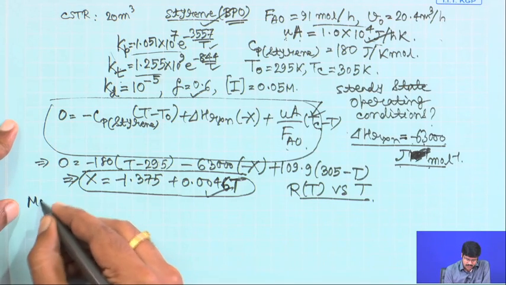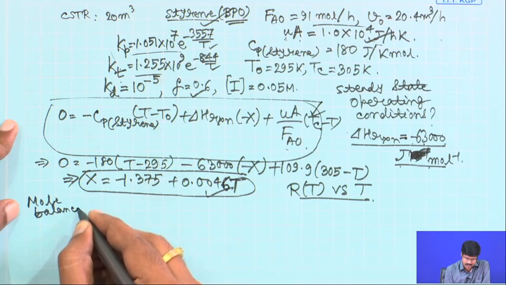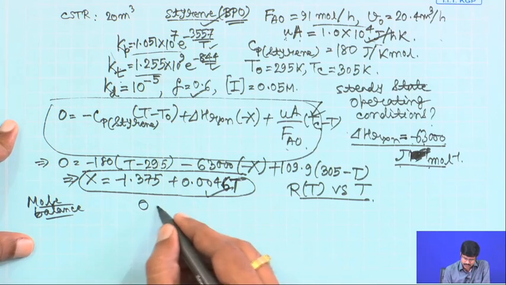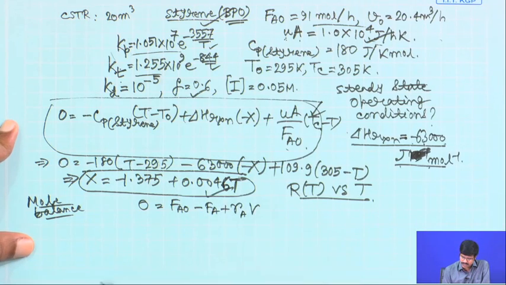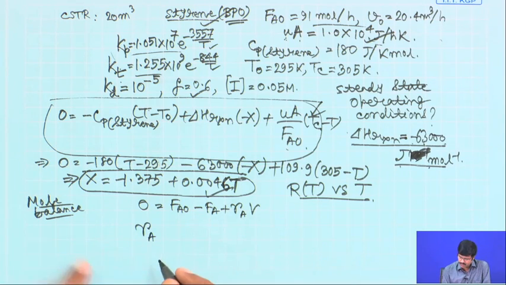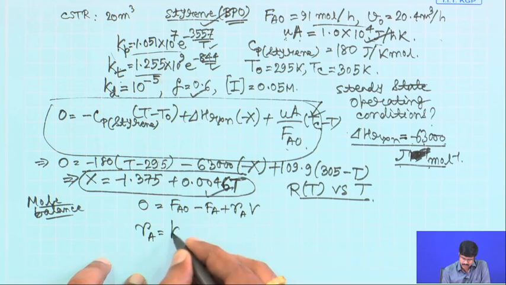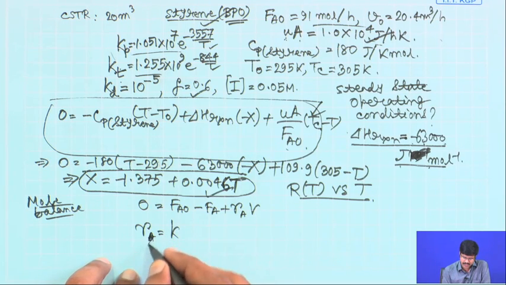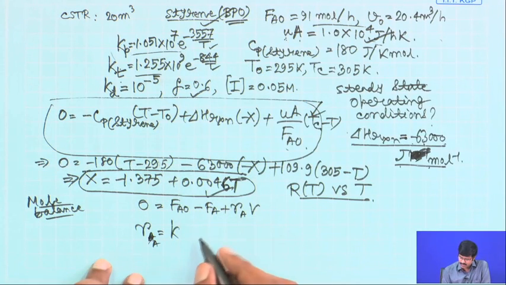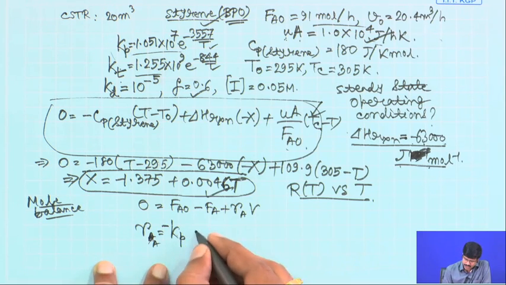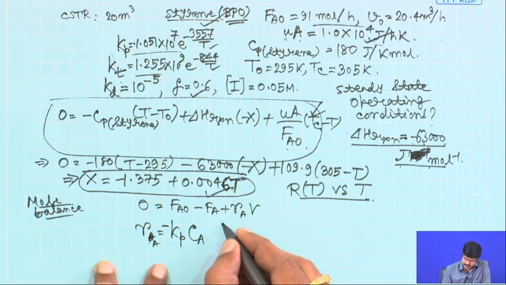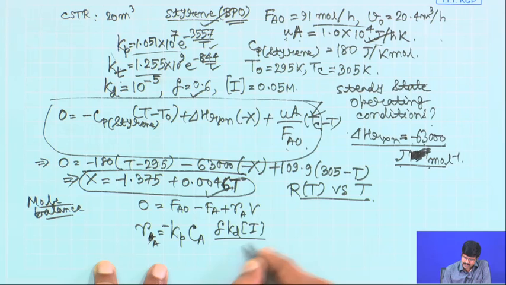Now, the second thing is a little bit more involved. If you are going for the mole balance equation, remember that accumulation equals molar flow rate in minus molar flow rate out plus RA into V. Now, from what we had taught before, the rate of polymerization, where let us say A is the styrene, is your rate constant, basically negative because this is the rate of disappearance of the monomer, into the monomer concentration into small f into Kd into I divided by Kt to the power half.